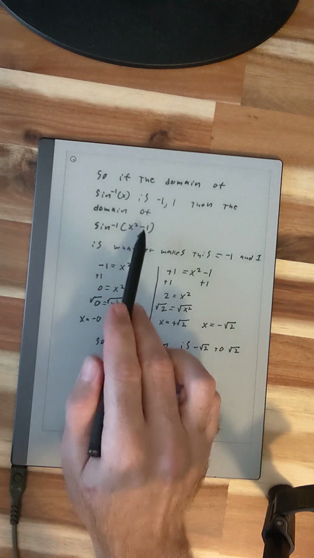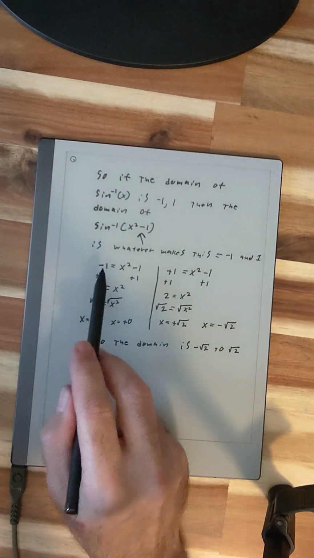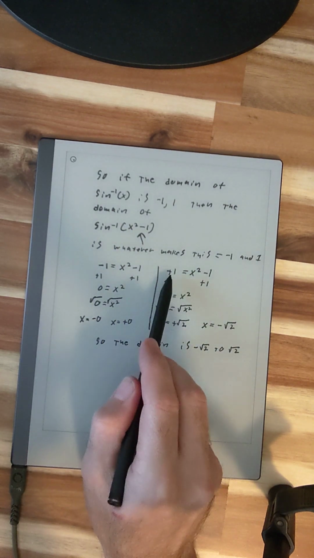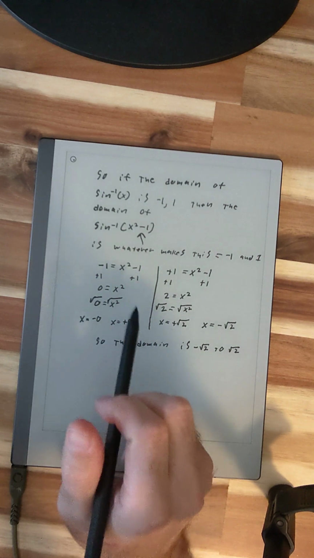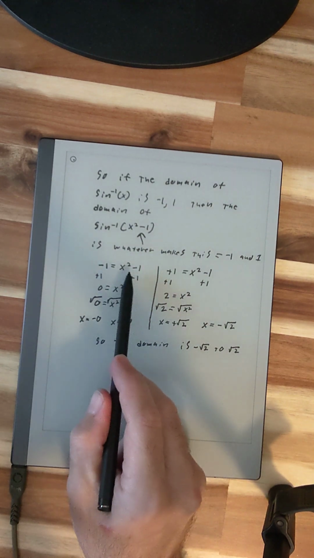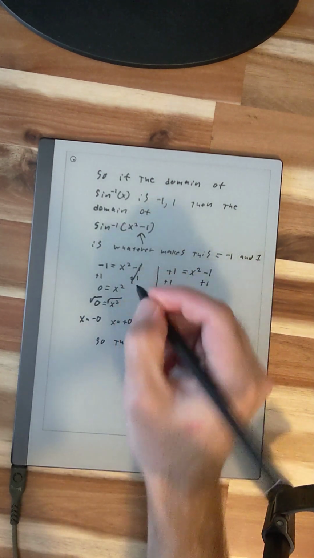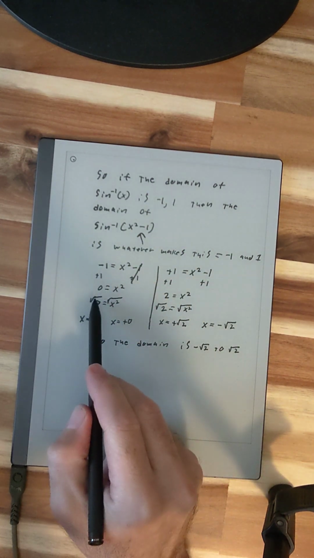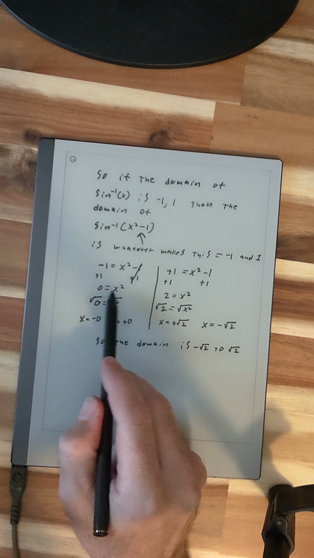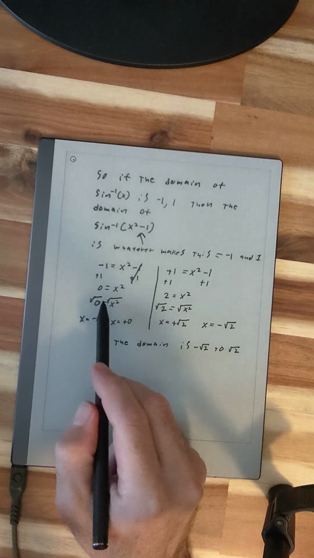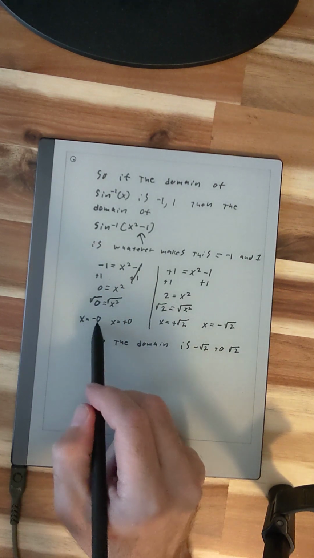What we do is take that bit inside, set it equal to negative 1, set it equal to 1, and solve for it. Here we're going to move this one over here, and these cancel out. Then we have x squared is equal to 0, square root of 0, that's 0, 0.